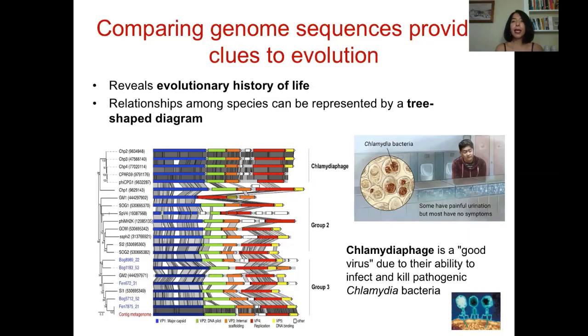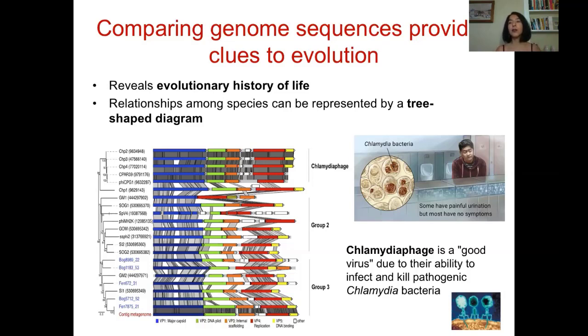Now we can compare genome sequences, and it will provide us clues to the evolution of a certain lineage. In this case, I picked chlamydia phages. Chlamydia you're probably familiar with, because you don't want to catch chlamydia. Chlamydia is a bacterium that can affect humans. It can also affect cows, for example, and they can go blind with it.